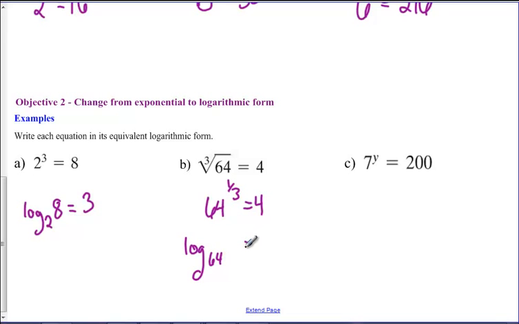And I'm going to go ahead and do the equals. So equals what? 1/3. And the only thing left is the 4. So log base 64 of 4 equals 1/3. You could actually put that in your calculator to double check. You could do log base 64 of 4 by using your log button for the Casios. For the TIs, I will show you how to double check that in a little bit.